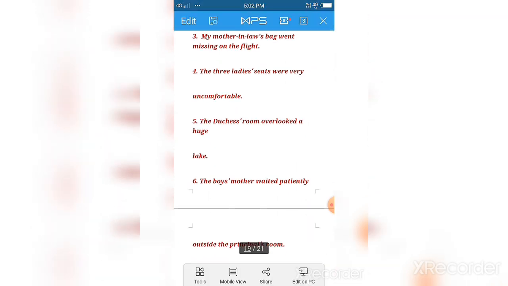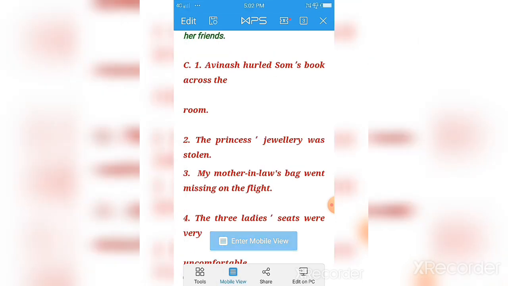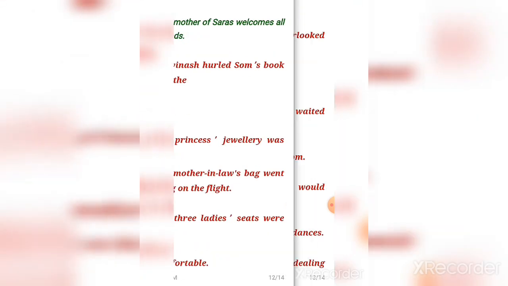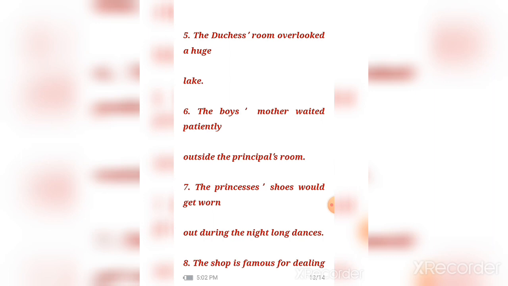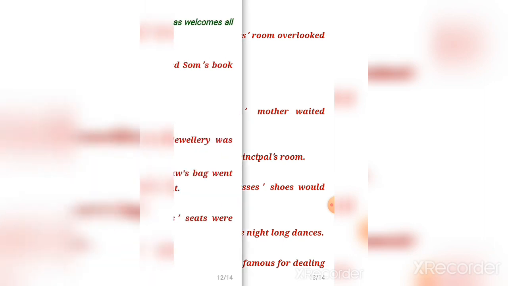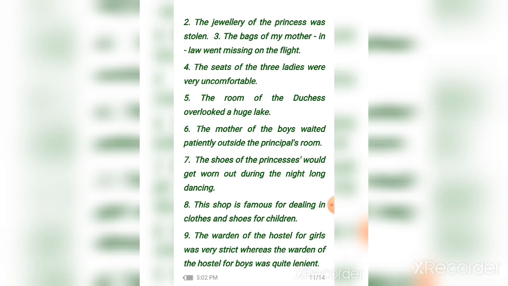Now 7. Here the question is, the shoe of the princess would get worn out during the night long dancing.